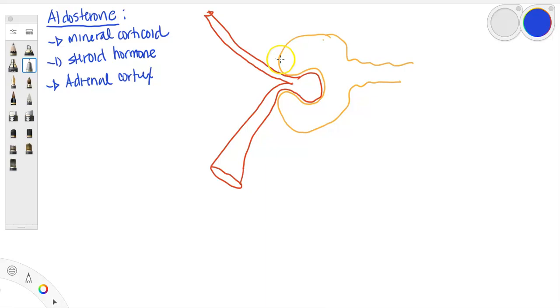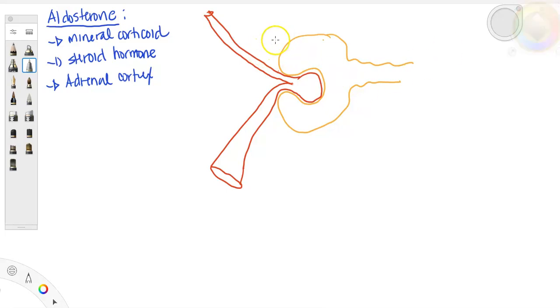Well, you see the beginning part of the nephron here, the corpuscle, and the capsule here, the glomerulus, the efferent and afferent arteriole.